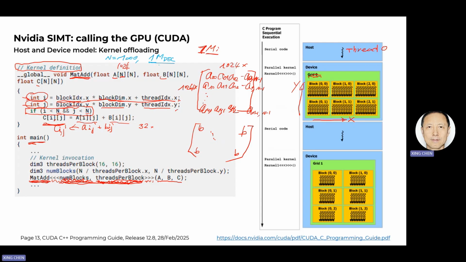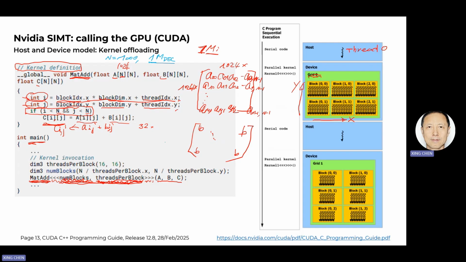Later on you are going to ask the GPU to give you 1 decimal million threads, because you have only 1 decimal million elements. You don't need to ask for more than 1 decimal million.